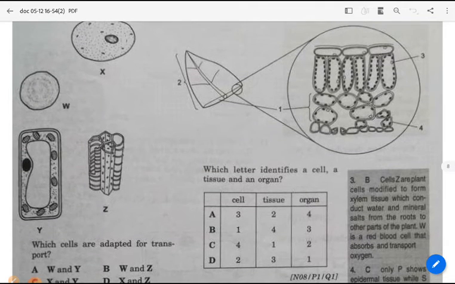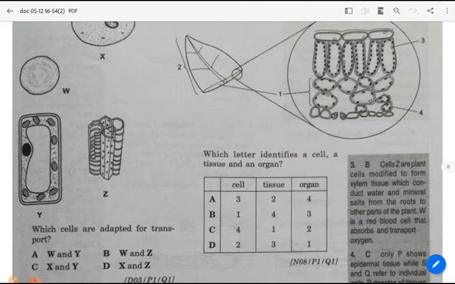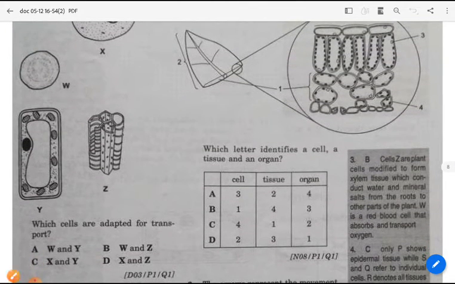Now first we have to identify these cells. Cell X is a cheek cell because this is a simple cell. Cell W is an RBC, meaning red blood cell, and cell Y is a simple plant cell.